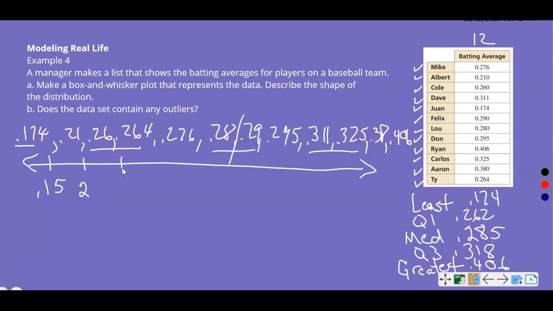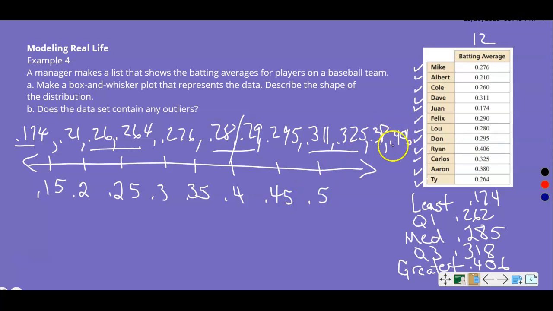All right, and then let's do 0.2, 0.25, and then 0.3, 0.35, and then 0.4, and then 0.45, and 0.5.